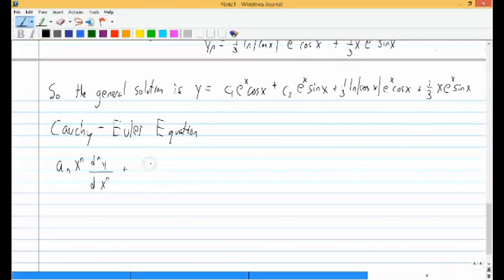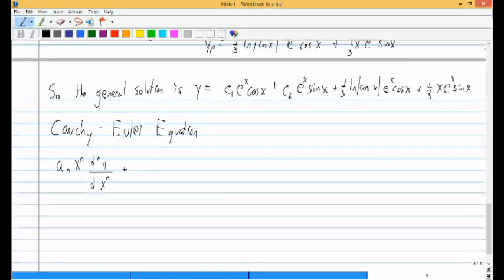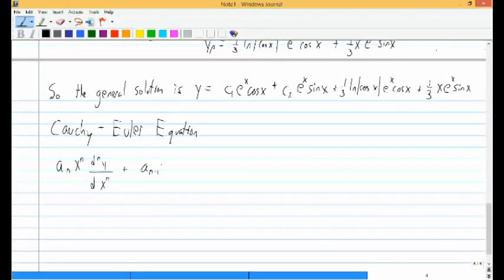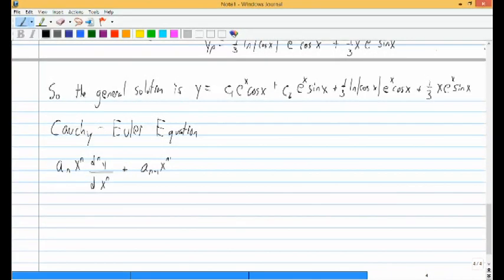And then the next term, you would have the n minus 1th derivative. So it would be a sub n minus 1 of x to the n minus 1 times the n minus 1th derivative.